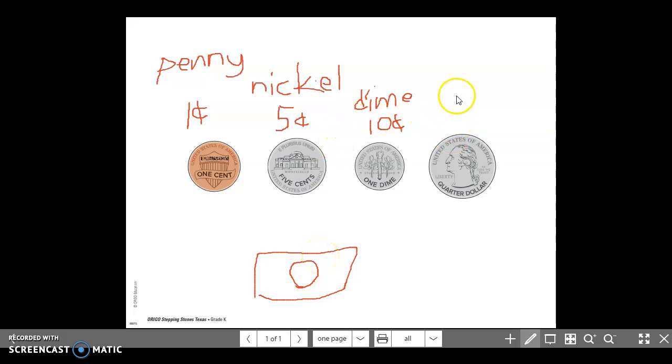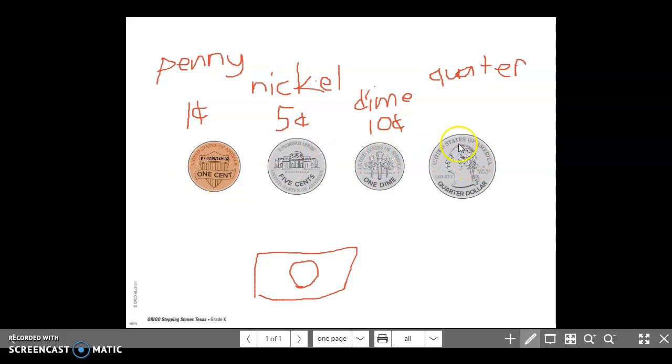The last one here is a quarter. A quarter, I'm going to write that here, lowercase q, u, a, and as I'm writing that, how much is a quarter worth? Quarter is worth 25 cents. All right. That is a quarter. Is that the biggest or smallest of all these coins?